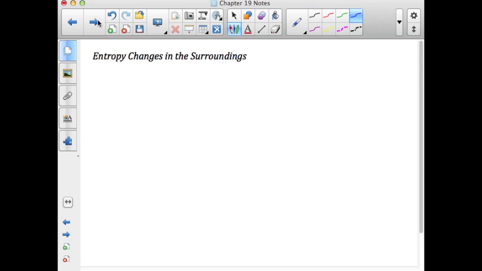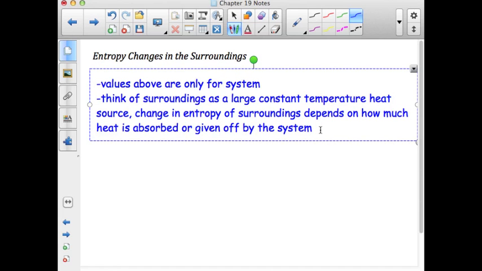The values above that we looked at are values for standard entropy changes for our system. But what about your surroundings? You want to think of the surroundings as a large constant temperature heat source.